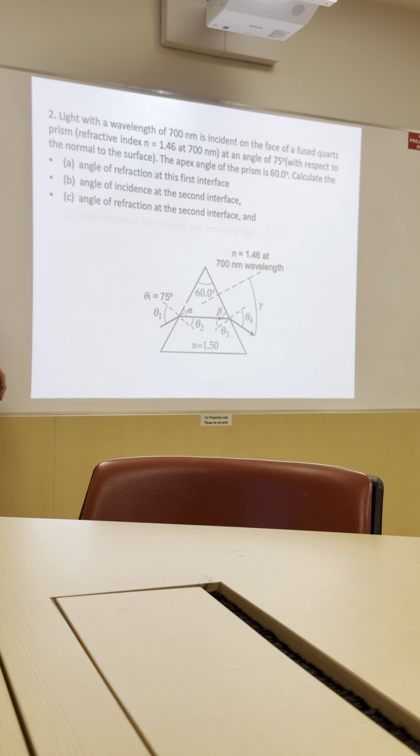The refractive index of the prism is 1.42 at 700 nanometer. This is a very important condition because depending on the wavelength, the refractive index is always changing. So, to be accurate in the question, we need to give such a condition.